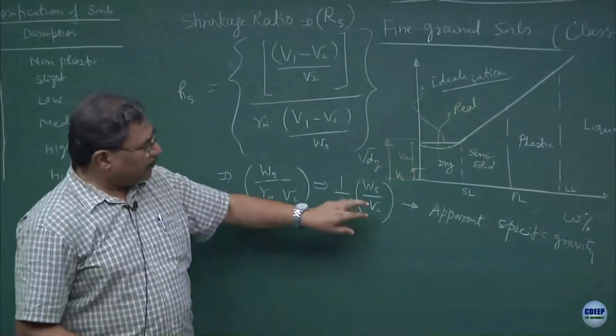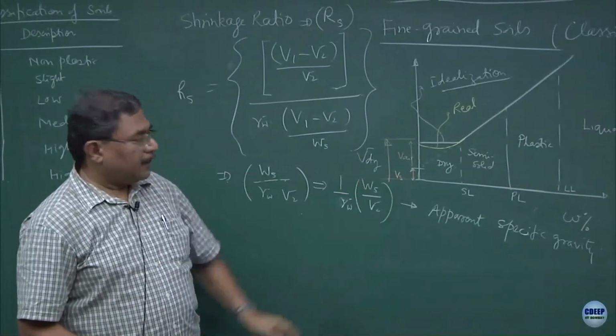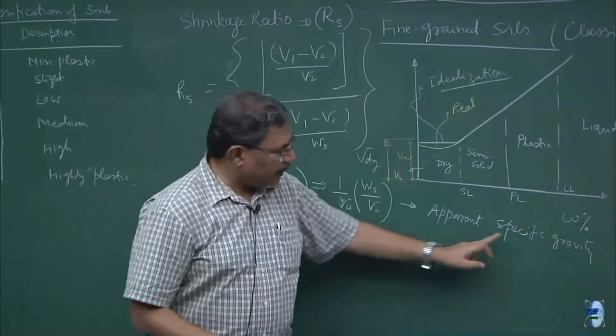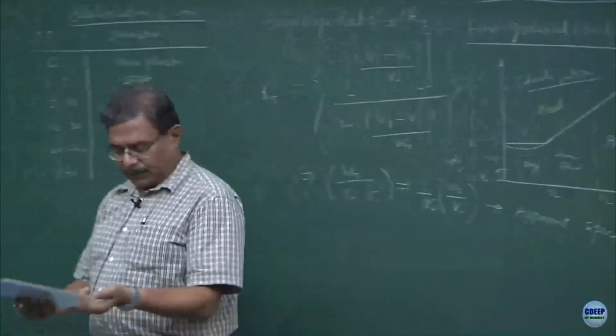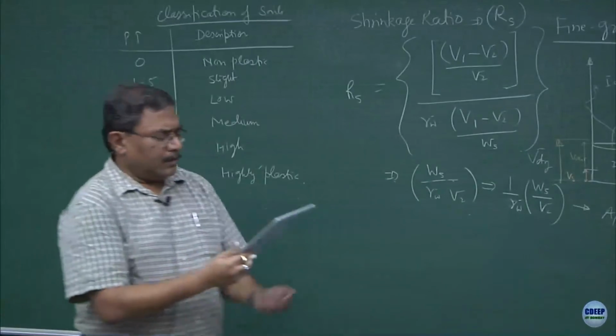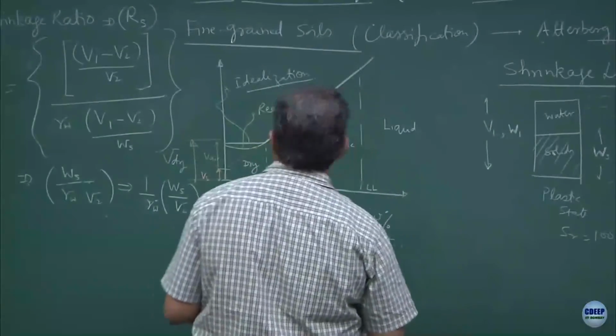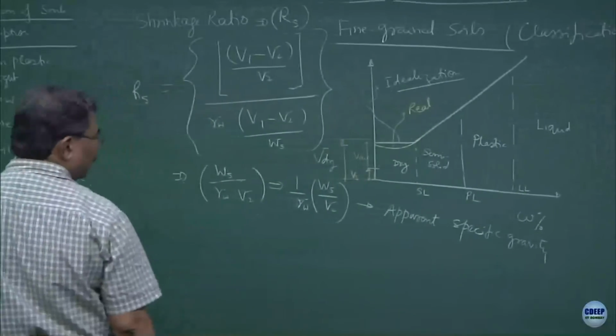Weight upon volume is a density term, and this is normalized by the unit weight of water. So, this becomes an apparent specific gravity of the soil. Try to correlate G and R, you will love to do it.